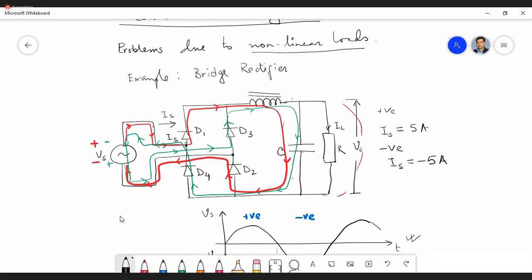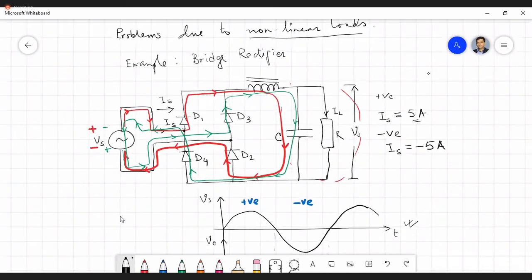In the positive half cycle, these two directions match, therefore it is positive 5 ampere. But in the negative half cycle of the supply, the direction is opposite: the assumed positive convention for IS and the actual current are opposite. So we have to write minus 5 ampere. And that is also ripple free.